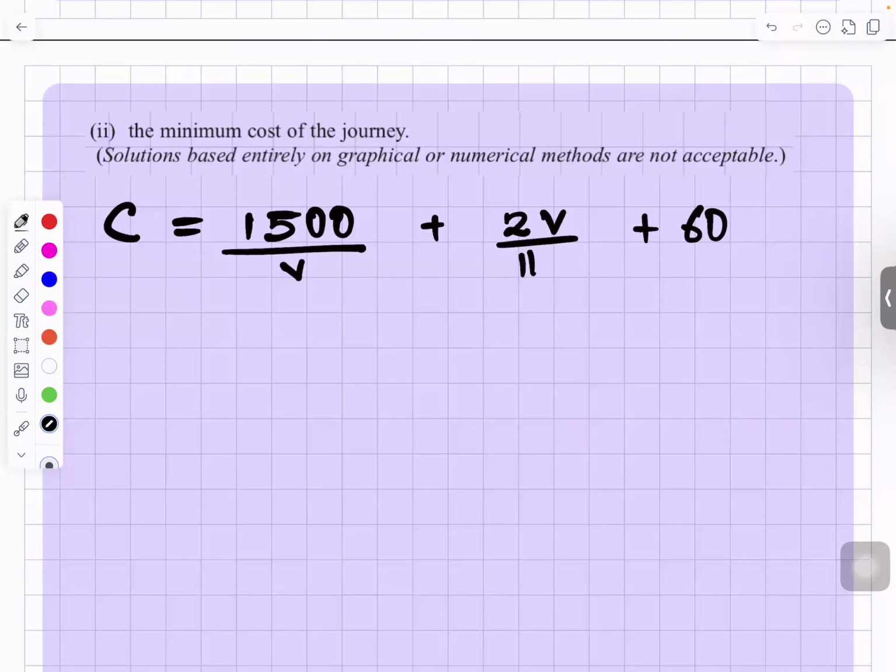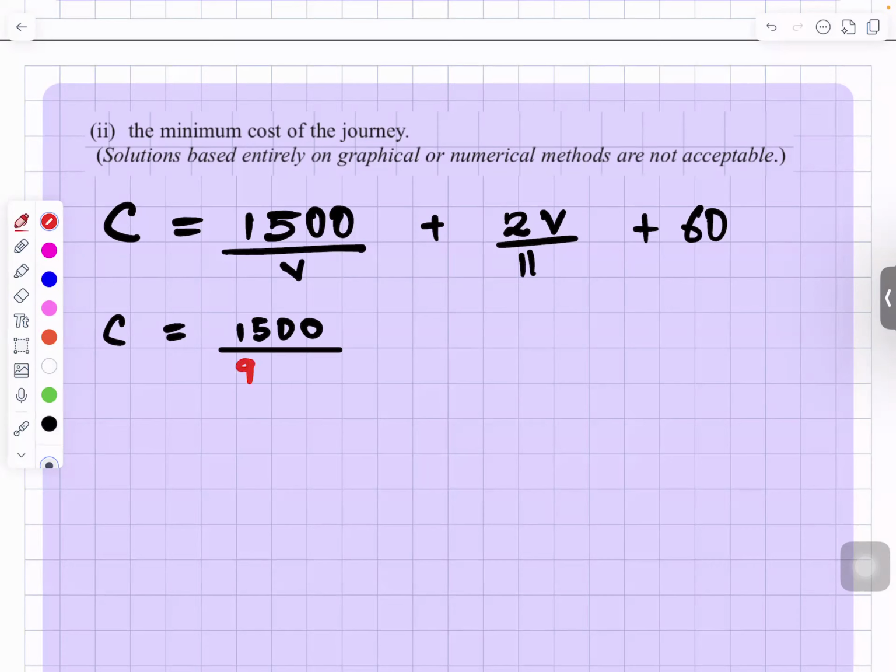For part 2, it says the minimum cost of the journey. So we want to find C. We will write C equals 1,500 divided by V, which we found V to be from part 1.